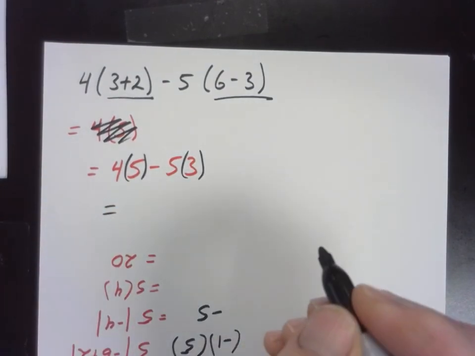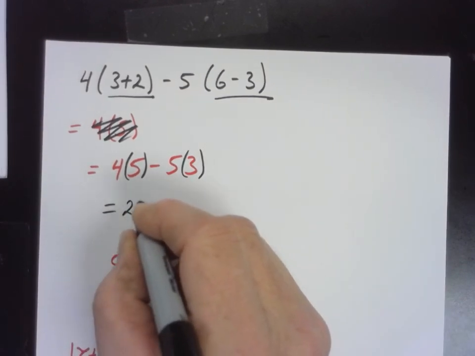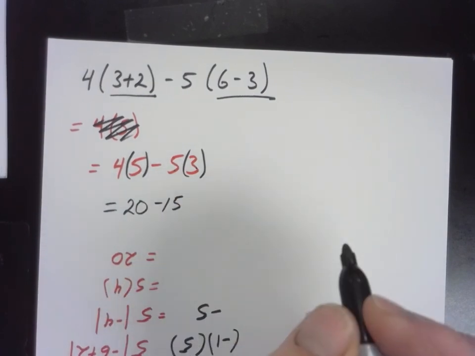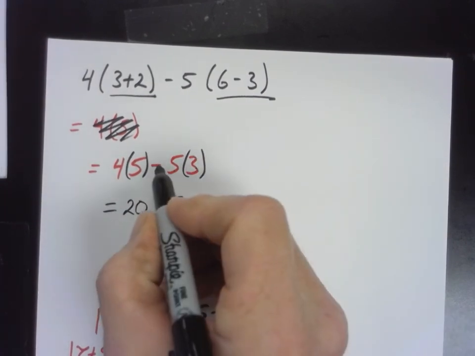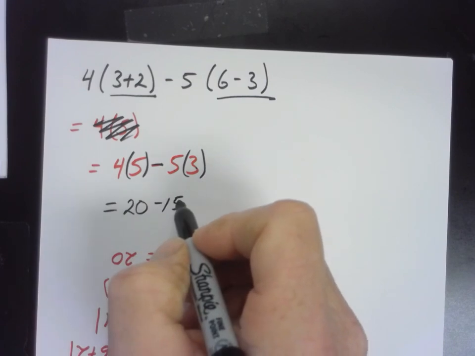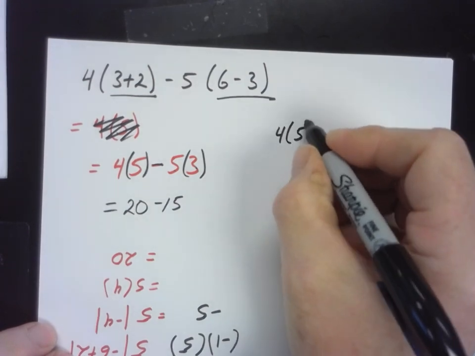So we did what's inside the parentheses, now what? Okay. 20, what's negative 5 times 3? Are you thinking of it that way? You don't just put down that negative sign and then say 5 times 3. Okay? Make sure that you're thinking that way, because let me show you something.